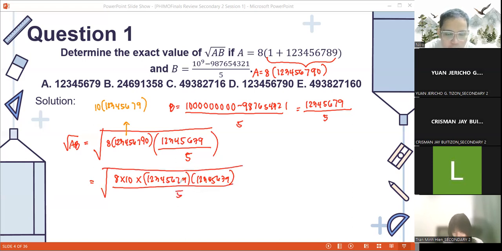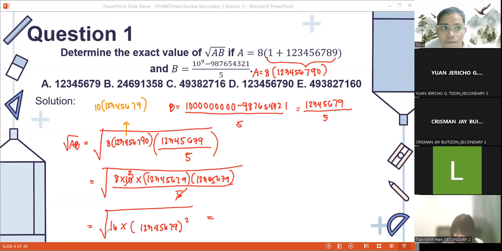So this one is a square, right? 8 times 10 divided by 5 is 16. So the square root of 16 times 123,456,789 squared. Rewriting 16 as 4 squared, it becomes 4 squared times 123,456,789 squared.